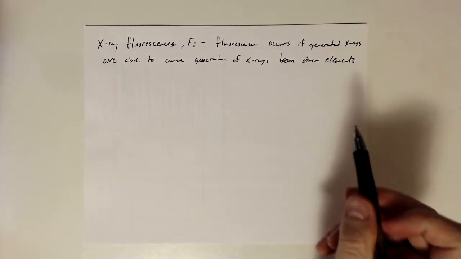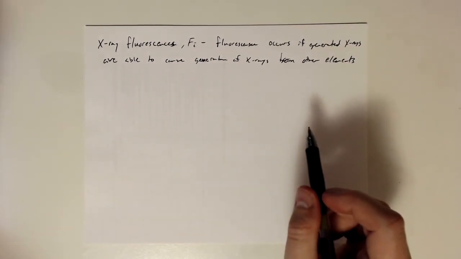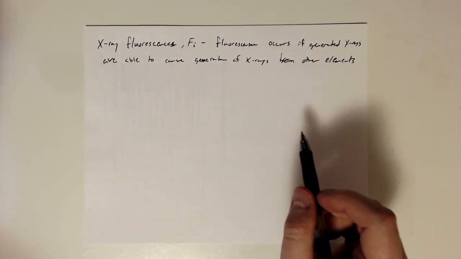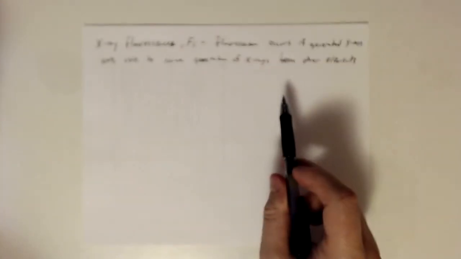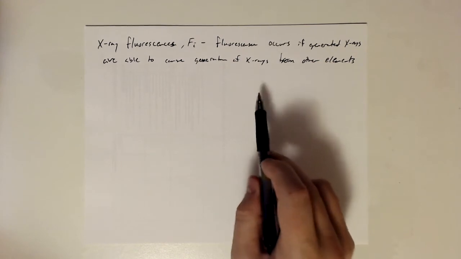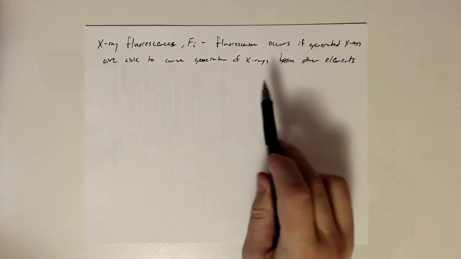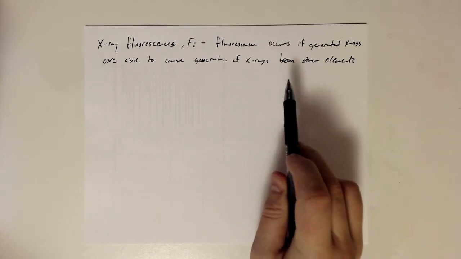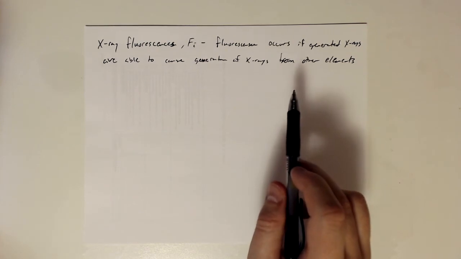So this is similar to what we saw for fluorescence in the XRF. So here, if we generate a characteristic X-ray and it's able to then go to another element and also generate an X-ray, that's what this phenomenon is looking at.